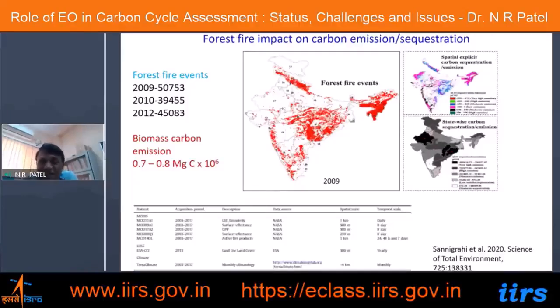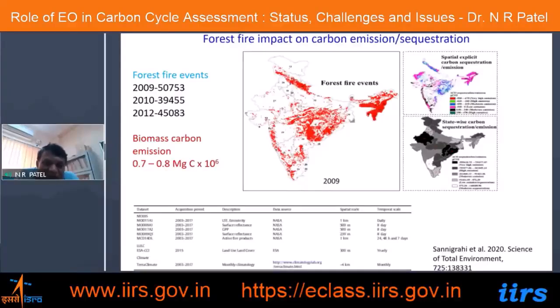Partially explicit information we get by taking into account the GPP, the active forest fire product, and land use land cover classification. This is one study conducted by Sanigrahi over India by integrating these carbon fluxes like GPP and also forest fire counts from MODIS and also land use land cover change emission.